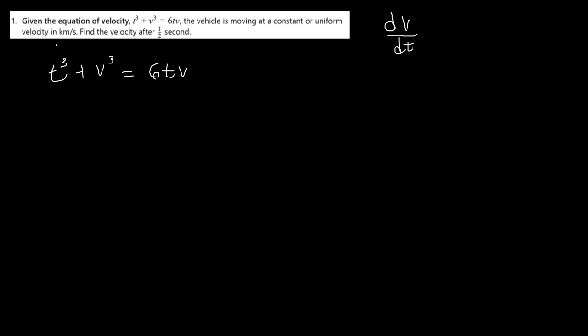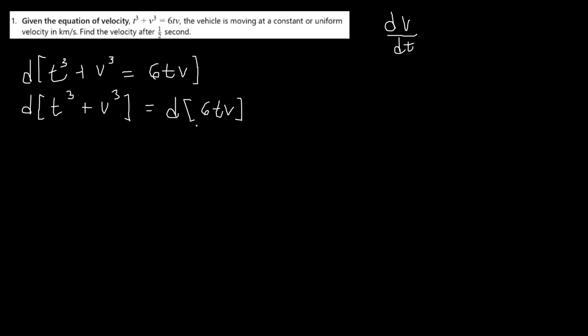Firstly, we have to find the derivative of the whole thing because it's already equated to itself. So we'll just find the derivative. So the derivative of the whole thing, let's break it down to the derivative of each side. So we put a derivative here on the left and on the right.